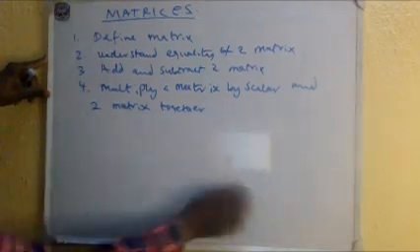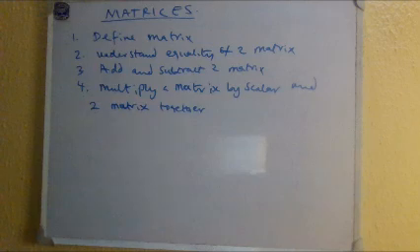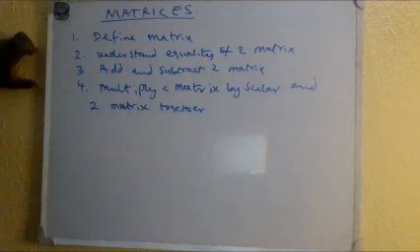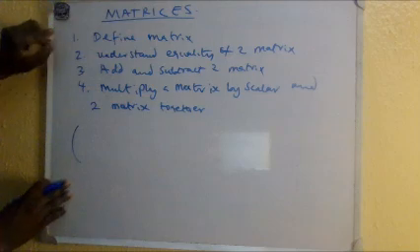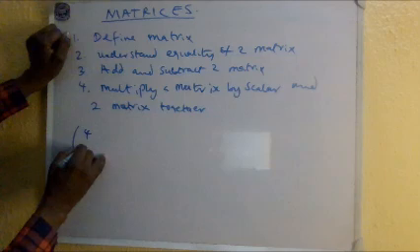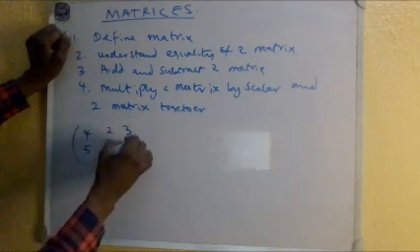I'm trying to still leave the objectives on the board so that we can follow it one by one. How do we add and subtract two matrices? If, for instance, I have a matrix like this, a 2 by 3 matrix, that is 4, 5, 2, 7, then 3, 6.